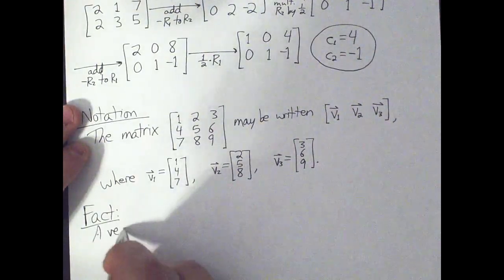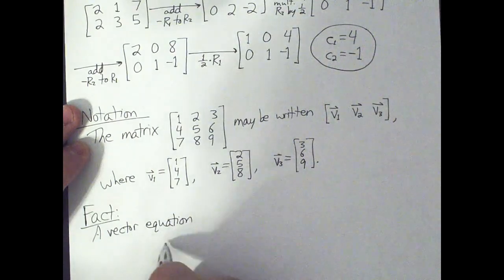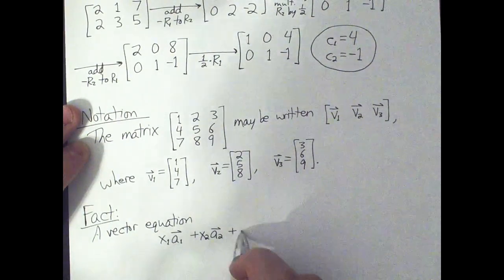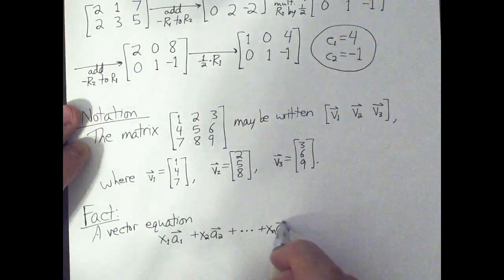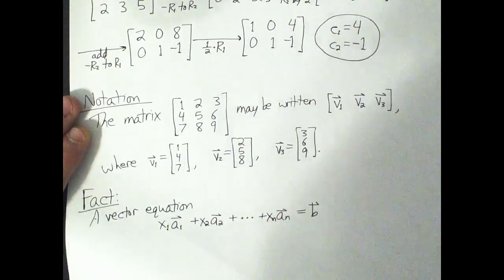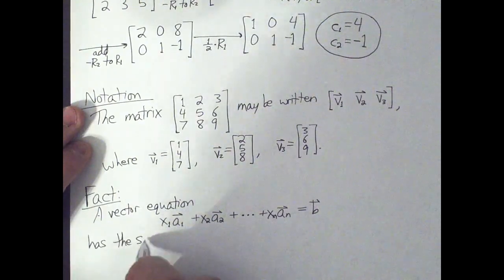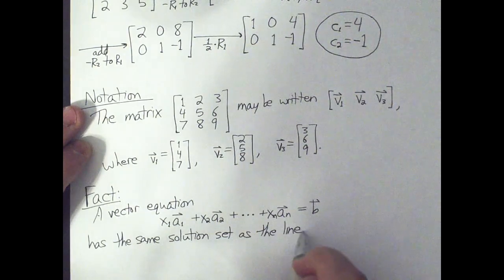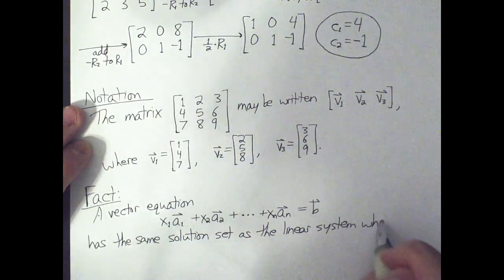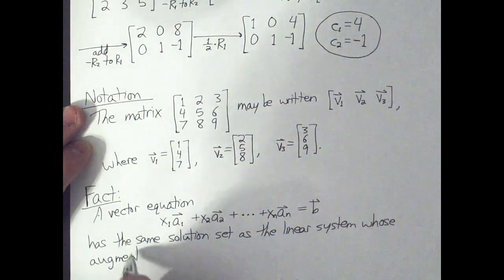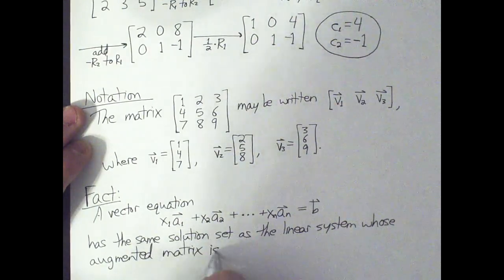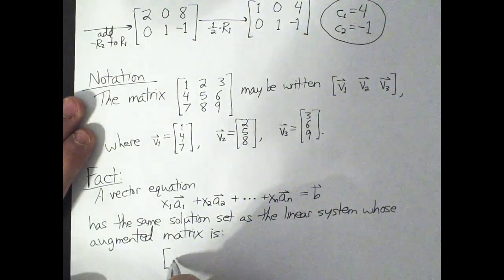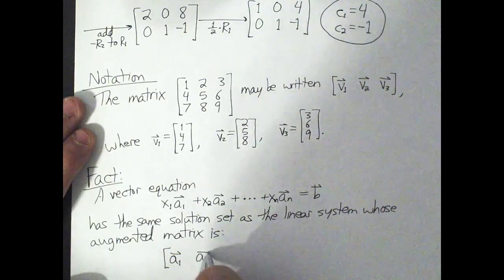So fact: a vector equation x1 a1 plus x2 a2 plus dot dot dot up to xn an equals vector b has the same solution set as the linear system whose augmented matrix is, this is where I'm going to write a matrix as just a collection of columns, A1, A2, dot, dot, dot.